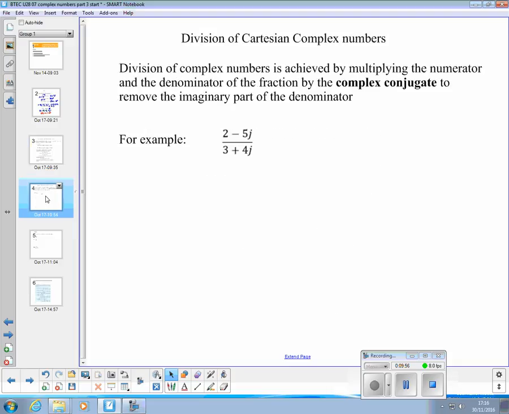So, on to division of Cartesian or rectangular complex numbers. This is achieved by the technique of multiplying the numerator and the denominator of the fraction by the complex conjugate to remove the imaginary part from the denominator.